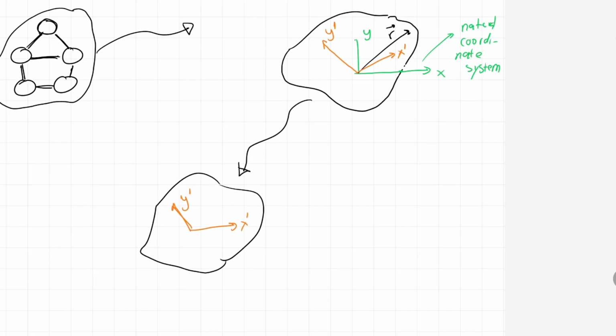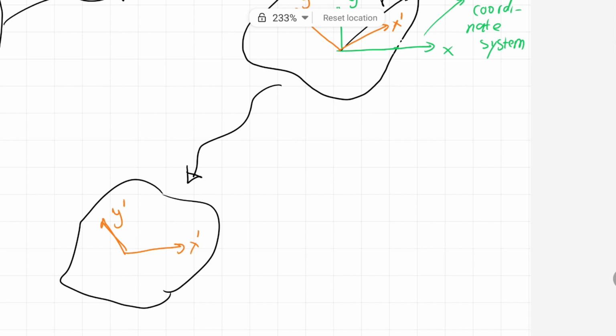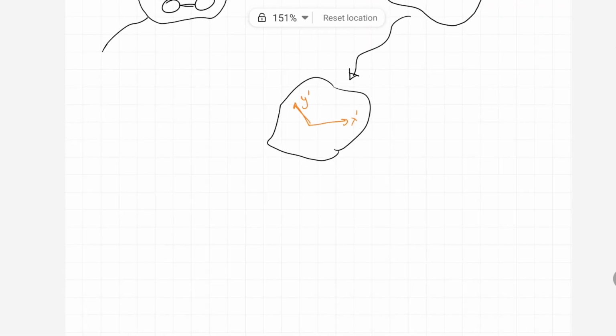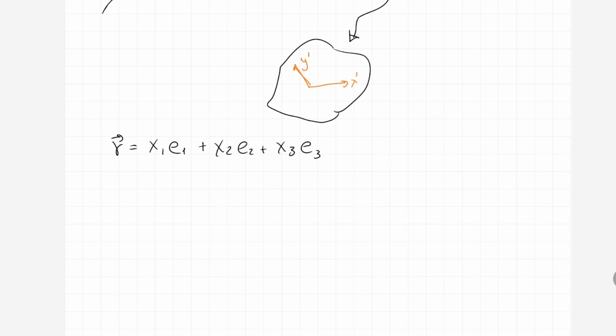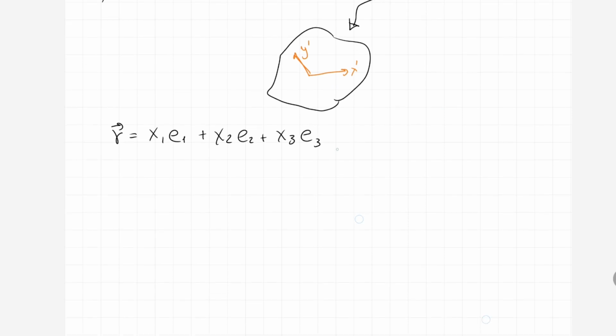For example, for r in the green coordinate system, we will have the components x1 e1, where e1 is a unit vector, of course, plus x2 e2, plus x3 e3. And again, we have the same vector r located at a point on the rigid body.